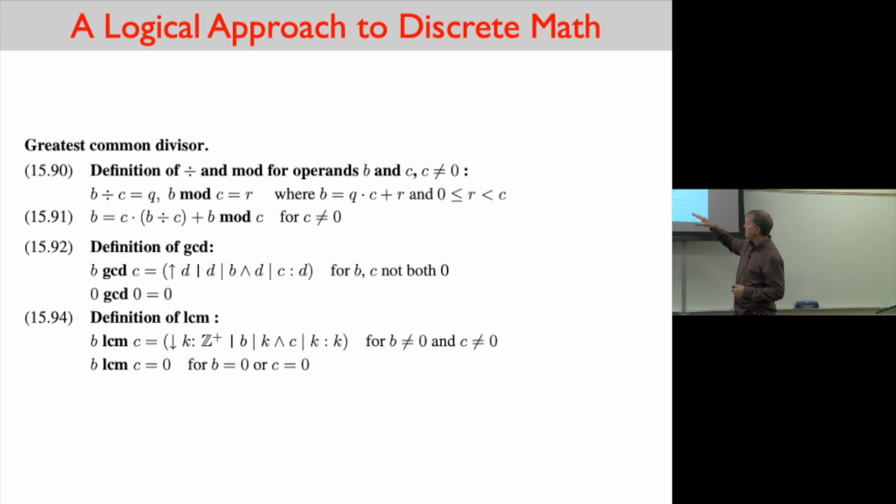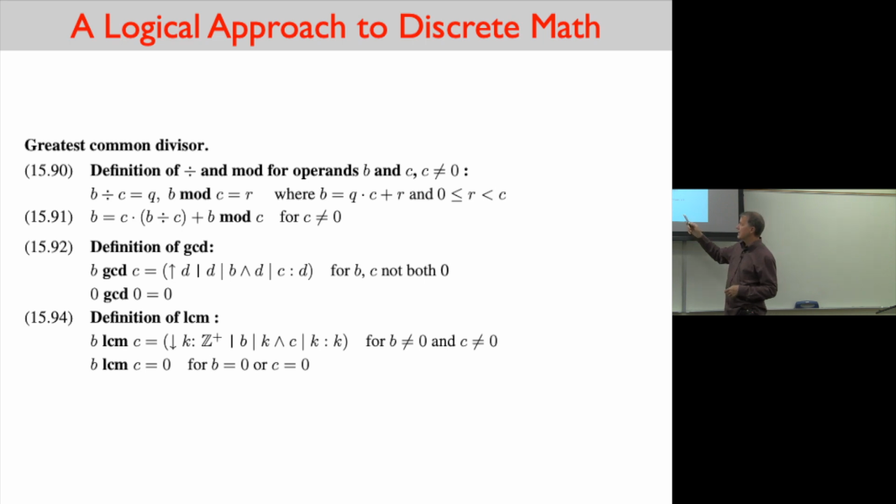So B divided by C equals Q, and B mod C equals R, where B equals Q times C plus R, and 0 is less than or equal to R is less than C. This is what divides means.